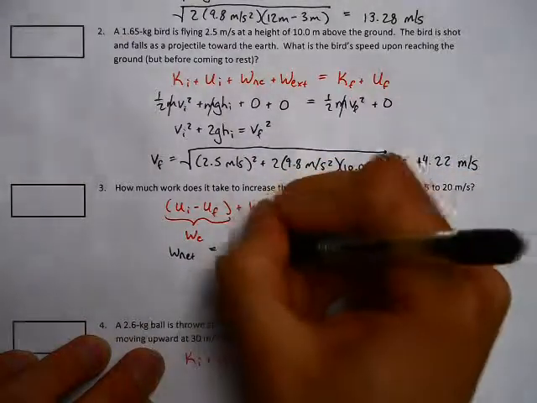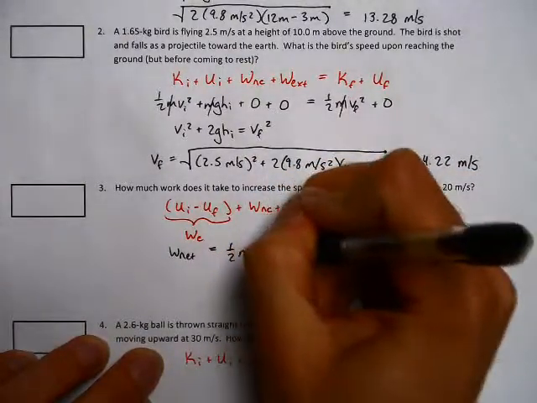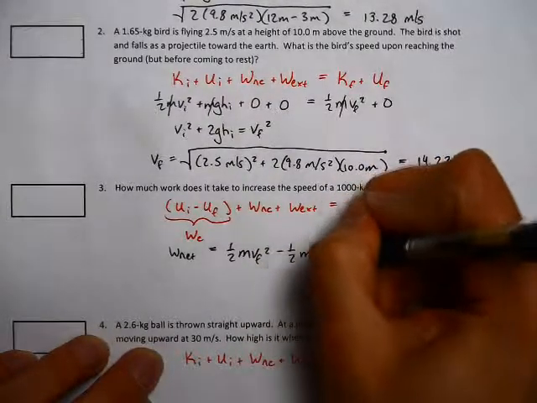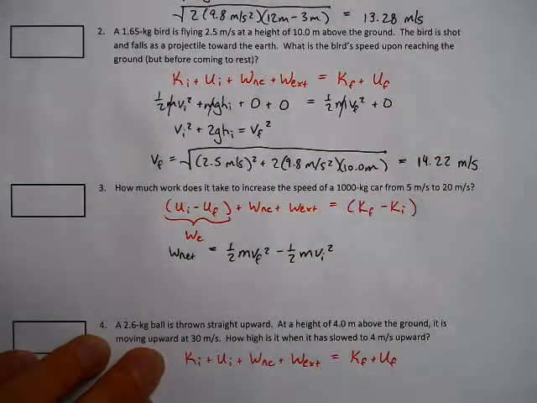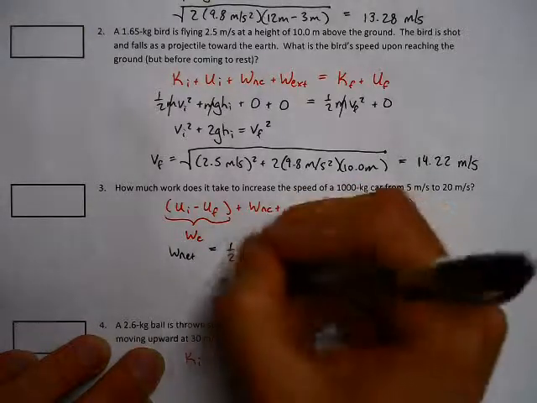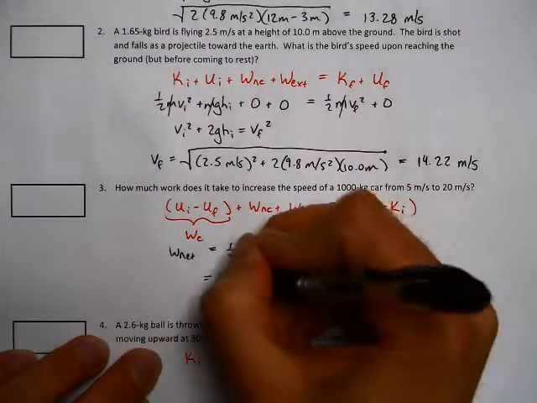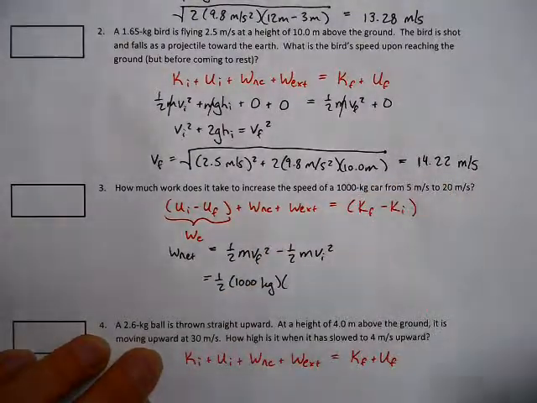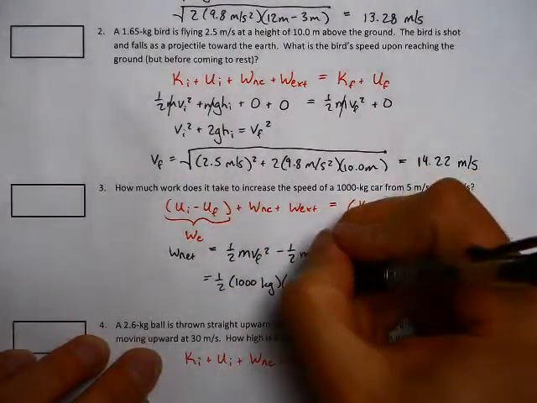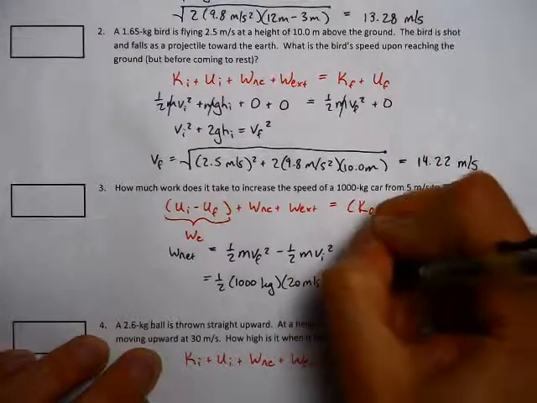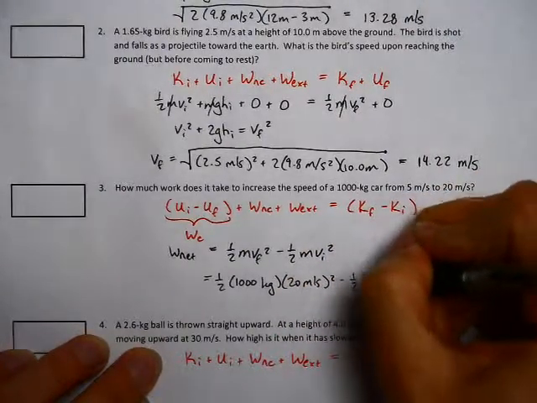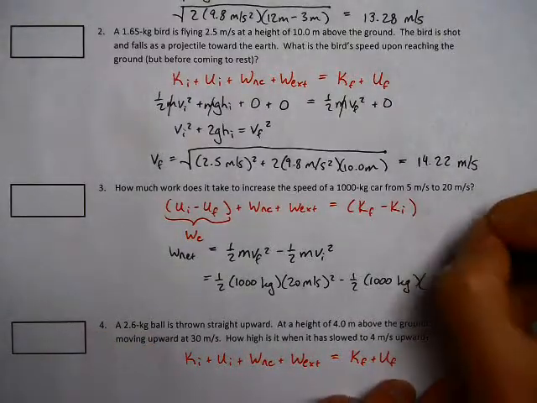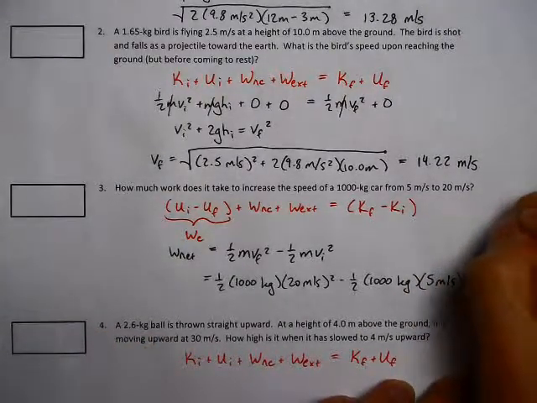my final kinetic energy, 1/2 mv final squared, minus my initial kinetic energy of 1/2 mv initial squared, and that is equal to 1/2 times the mass of 1,000 kilograms times a final speed of 20 meters per second squared minus 1/2 times 1,000 kilograms times my initial speed of 5 meters per second squared.